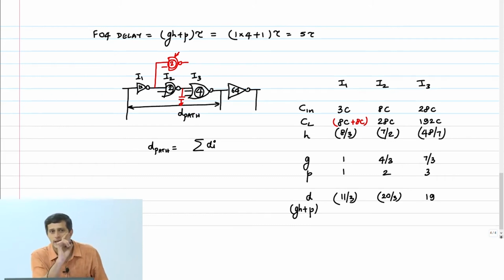It does not contribute any current to charging the output load capacitance of gate I2. And therefore, it should not be considered when you are calculating the C in of the gate under test. You can only consider that branching when there is a load that you want to calculate. So here the only thing that will change is the load capacitance of I1, which will become 16C instead of 8C. Therefore, the H for I1 will change. For I2, the H will remain the same.